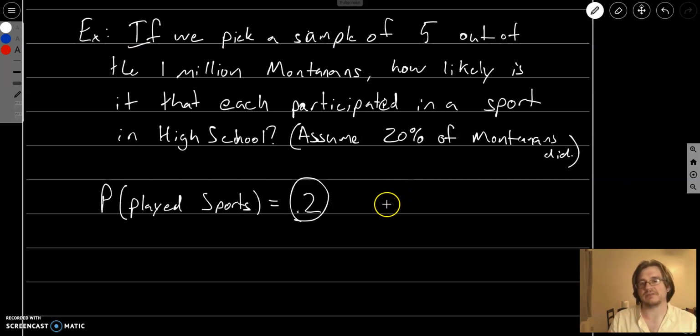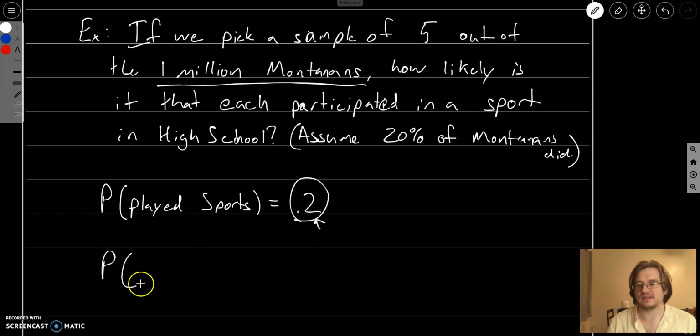Well, if the first person played sports in high school, that means that there's one less person that played sports, which means that it's a little bit less likely that the second person will have. But there's 1 million people in Montana, so removing one person from the population isn't going to affect things much, which means that for the next person, we can also assume that they had a 20% chance of playing a sport in high school. And then the third person, and then the fourth person, and then the fifth person.